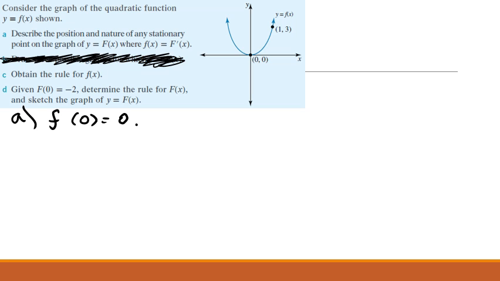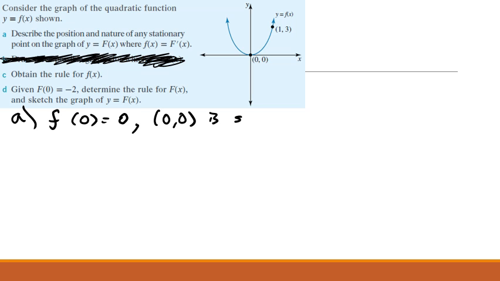Whoops, that's actually wrong. Alright, just to clarify, this is actually the derivative graph. This is not the actual full graph, if you're a little bit confused, like I was just then. So f of 0 is 0, so that's a stationary point.